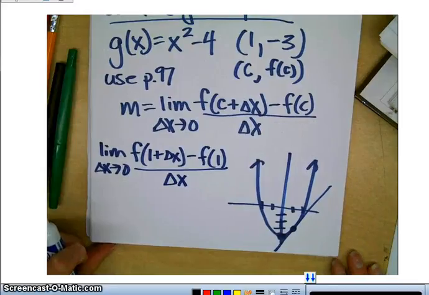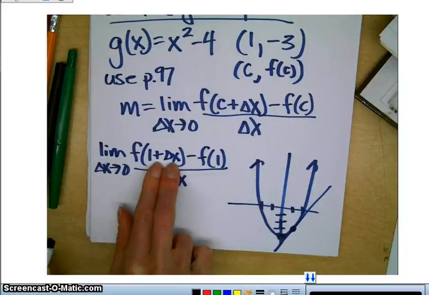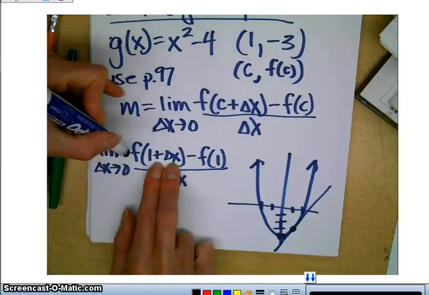So how do I find f of 1 plus delta x? Where do I put 1 plus delta x? What's my function? x squared minus 4. Is it a big deal that this says g of x and my formula says f of x?